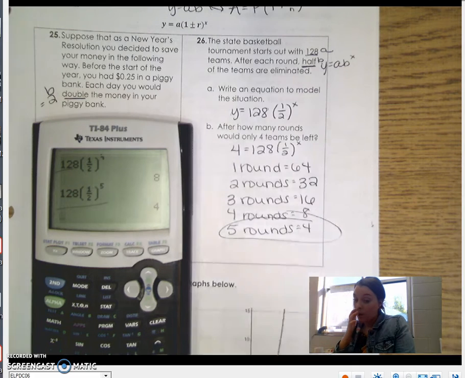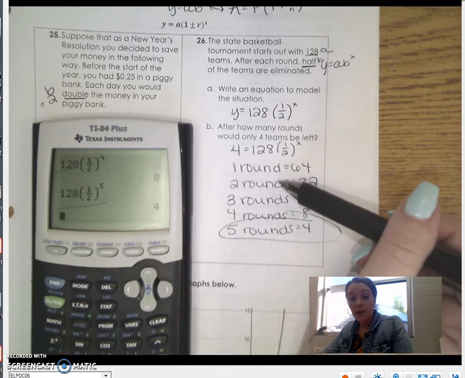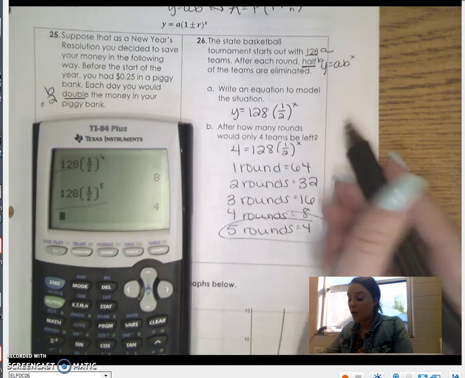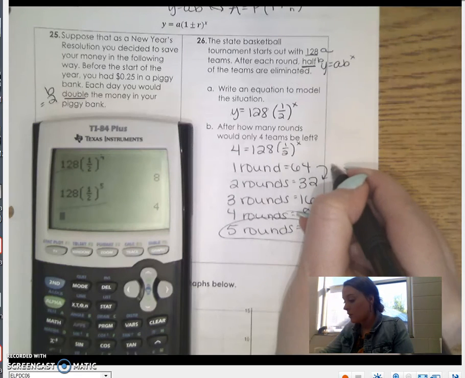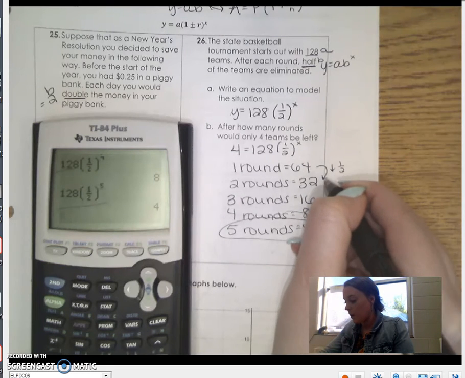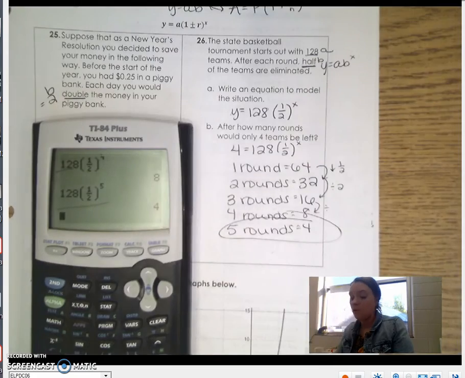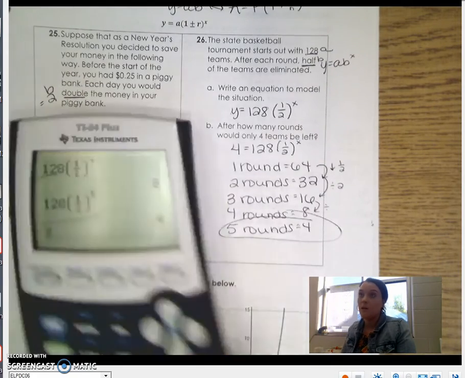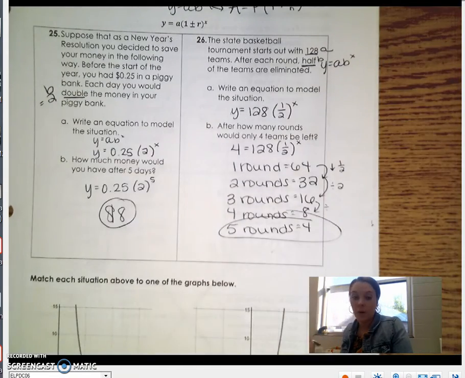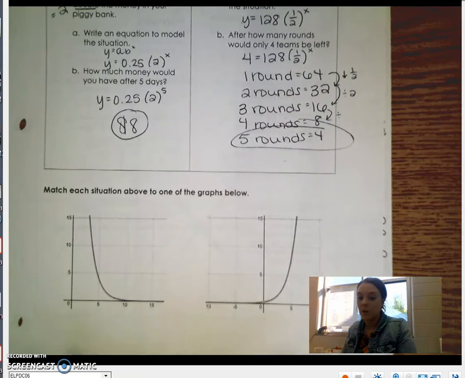So you have to go through and see how many teams are left after each round. Now you can tell that this is going down by 1/2. So it's dividing by 2 every time. You could have just done divided by 2, divided by 2, divided by 2 until you got to 4. Either way works. That was just one way to do it.